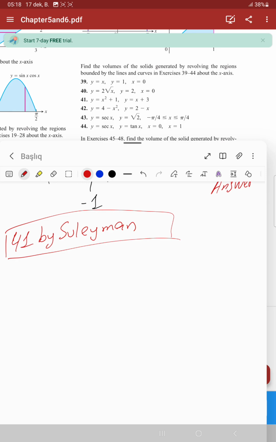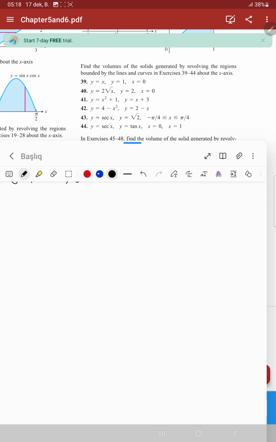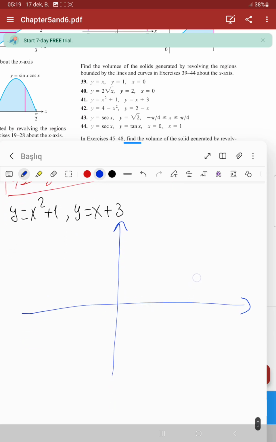Okay, now what do we have? Again, we'll just write it. And we also have the axis. Where is x squared plus 1?